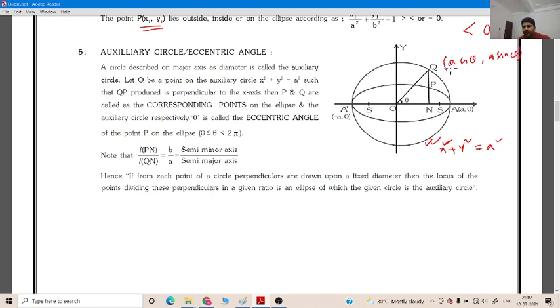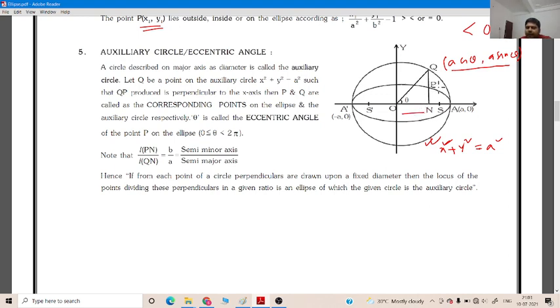According to the parametric form of a circle whose radius is a, the coordinate is a cos theta and a sin theta. Again, according to the position of the point Q, from here to here comes AR line, which is a cos theta.